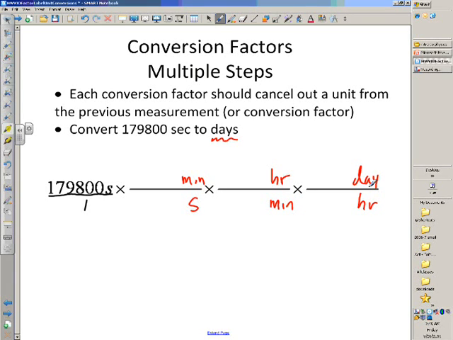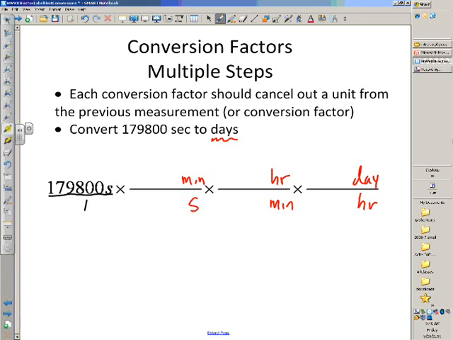Now it's a matter of filling in numbers to make sure that in our conversion factors, the top and the bottom are an equivalent amount of time. Not necessarily each conversion factor has to be an equivalent amount of time, but the top of one conversion factor and the bottom of that same conversion factor have to be the same amount of time.